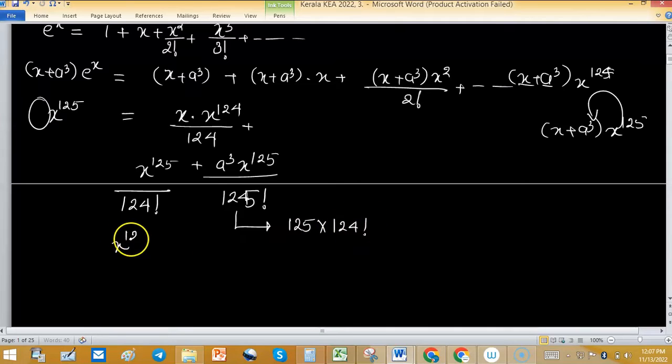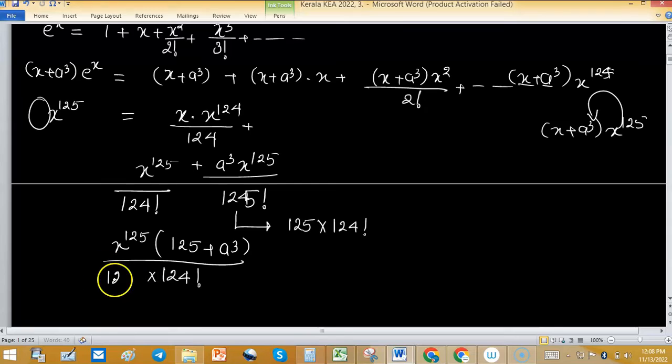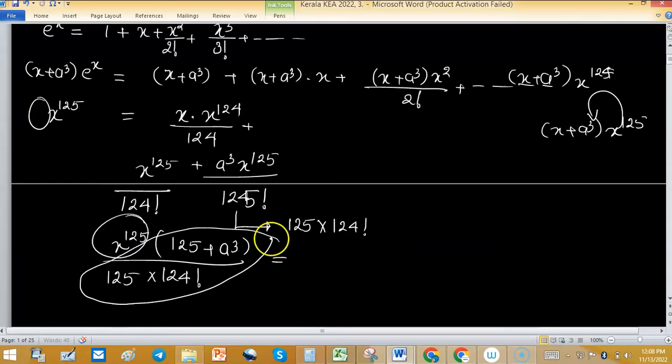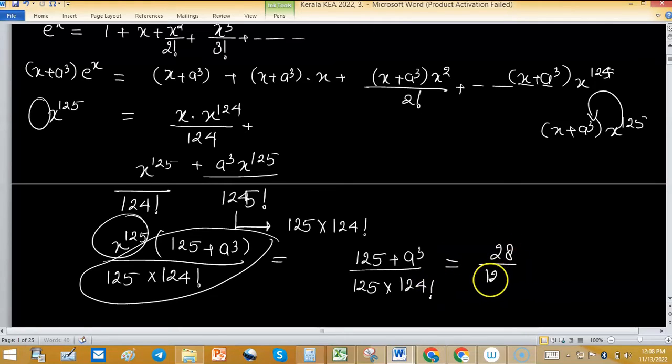So x raised to the power 125 within bracket (125 plus a cube) upon 124 factorial into 125, and the coefficient of x raised to the power 125 means (125 plus a cube) upon 125 into 124 factorial is the same as 28 upon 124 factorial.